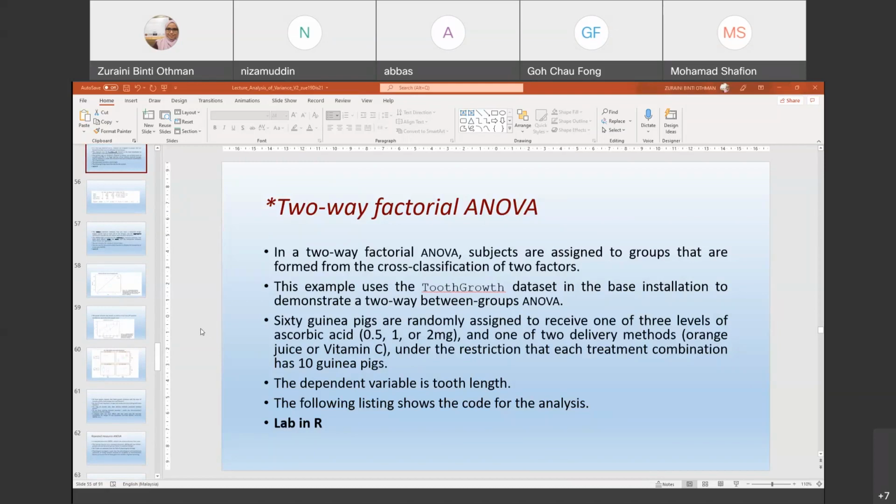All of that information we will demonstrate throughout the slide.